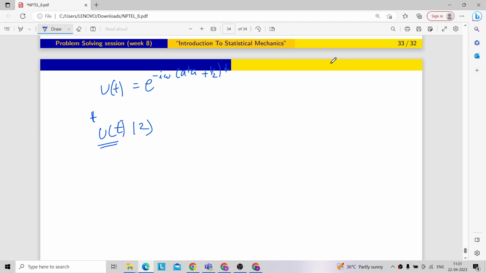Now you know the effect of this number operator on any state. It will give n, right? Now I have e to the power minus i omega (a dagger a plus half) t operating on this state 2.